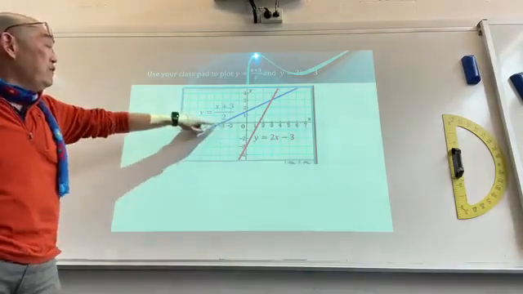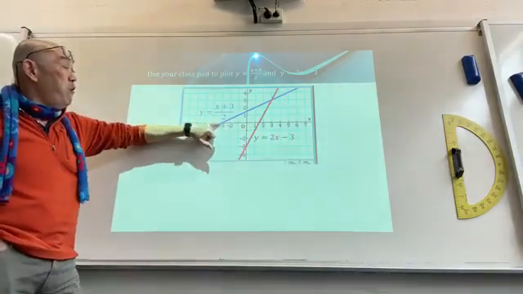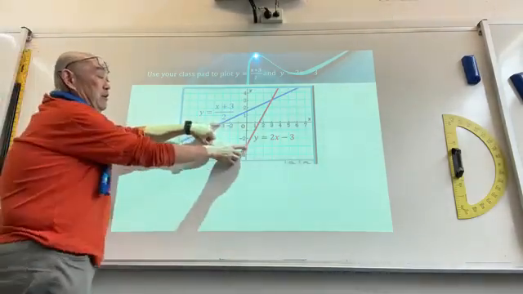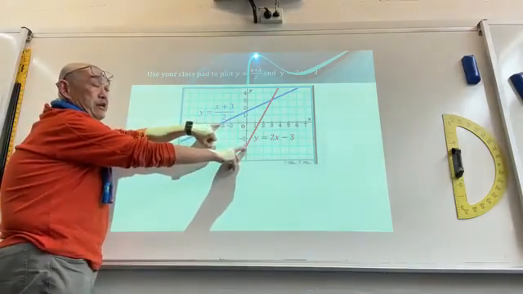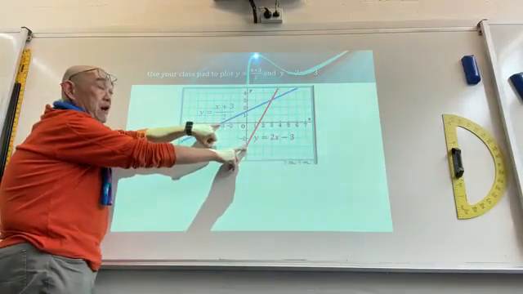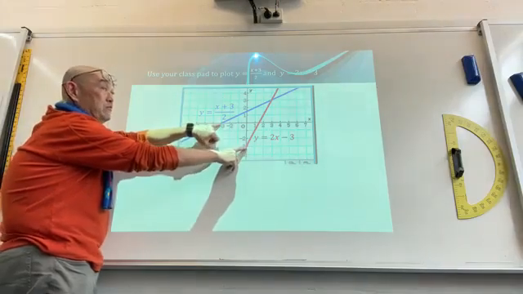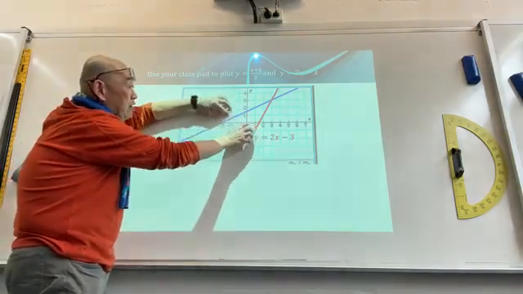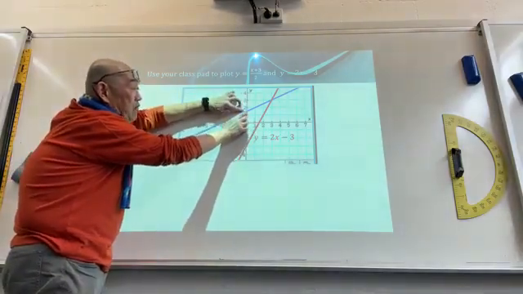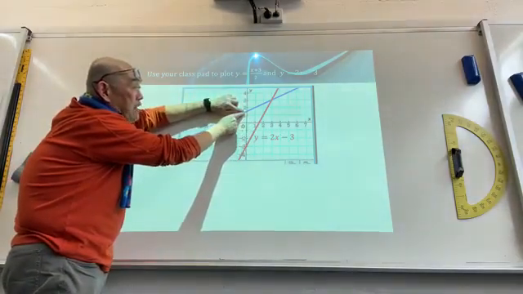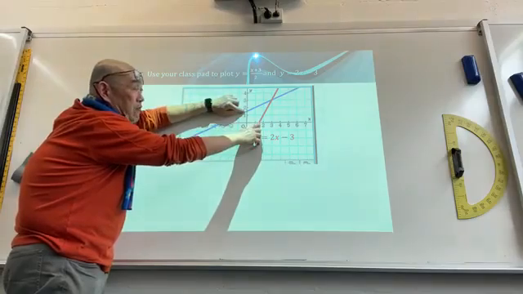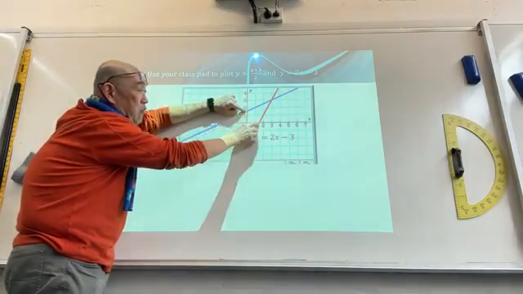Correct? If you look at this point here, x is minus 3 and at this point y is minus 3. This point y is 0, that point x is 0. This point here is 1.5, so y is 1.5, x is 1.5. But here x is 0, y is 0.